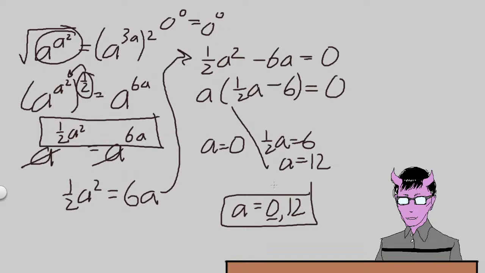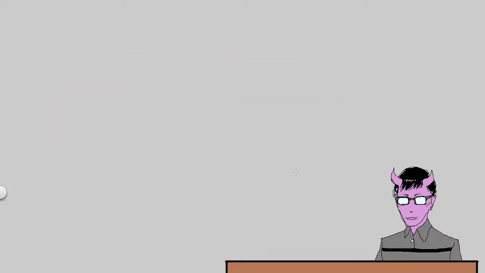So in this situation, if you keep this answer, it's because whatever class you're taking, you would report this answer if they accept that 0 to the power of 0 is 1. If they don't accept it, then you won't report this one. But I think most people, again, would report both answers. So report 0 and 12. Moving on.